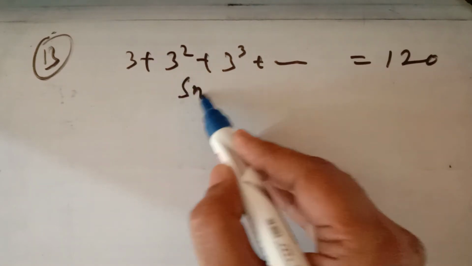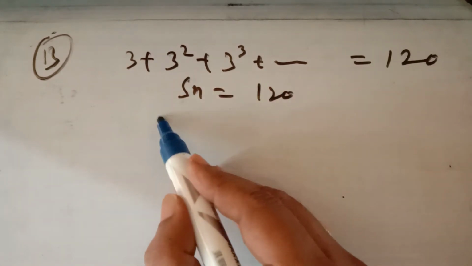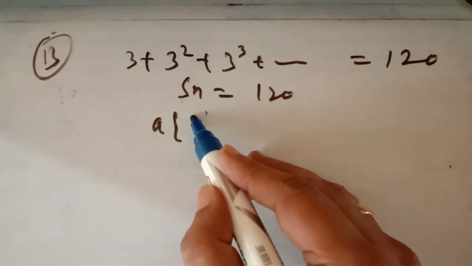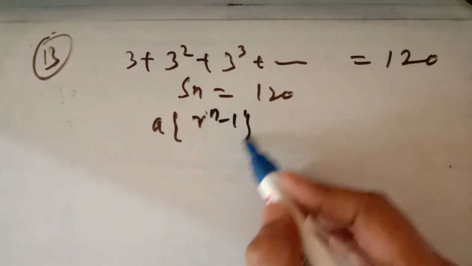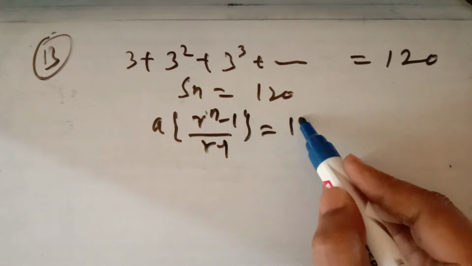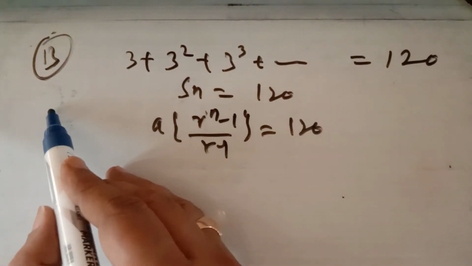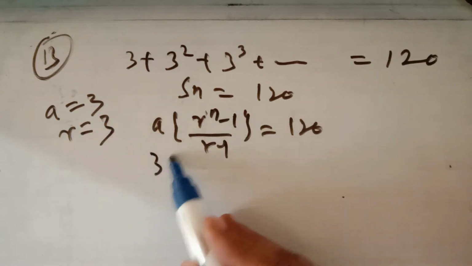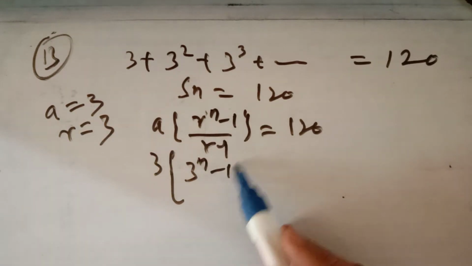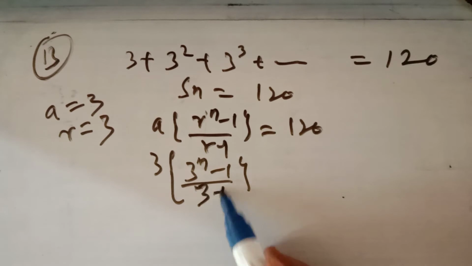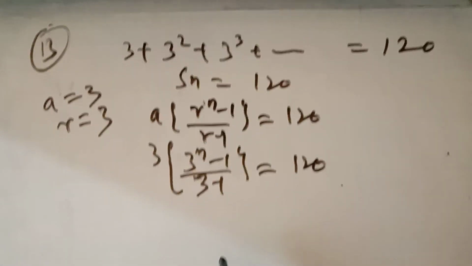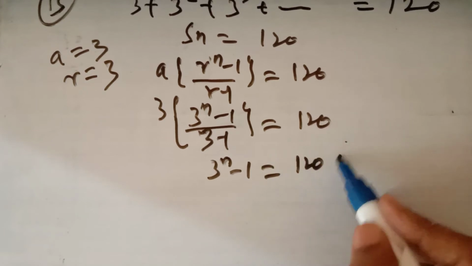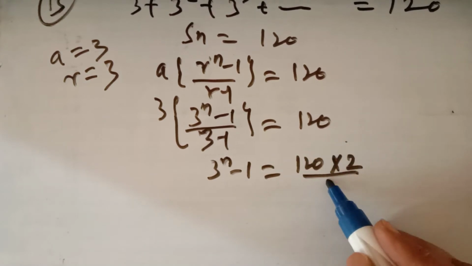So it means Sn is given. Sn is a times r raised to power n minus 1 upon r minus 1, because r is greater than 1. So a is 3, this divided by this, r is 3. So 3 raised to power n minus 1 upon 3 minus 1 is equal to 120. So it will be 3 raised to power n minus 1 is equal to 120 into 2 upon 3.